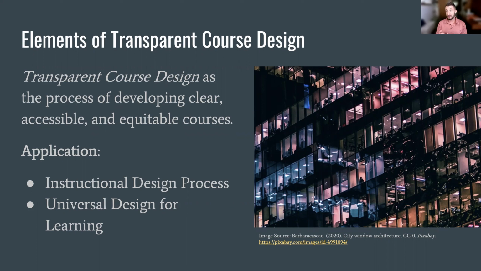And also universal design for learning, which takes into account neuroscience and the ways in which the human brain processes and responds to information and learns information, and that we are all many and varied in the ways in which our brains engage with information, process, learn, and retain.